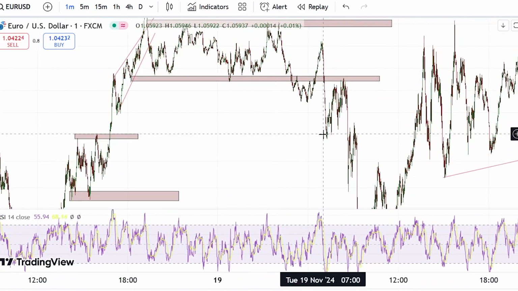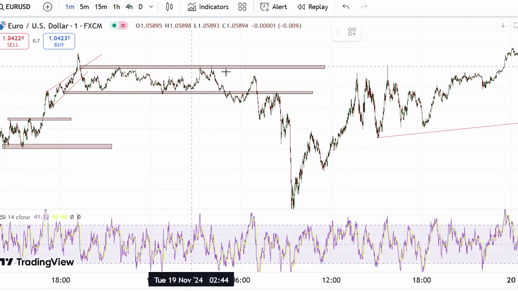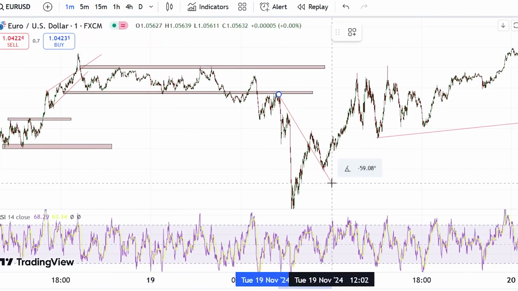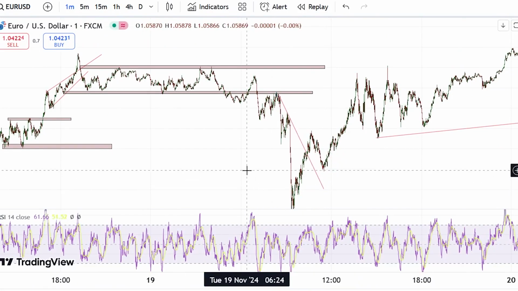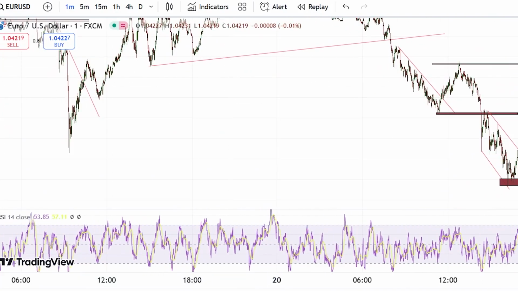And we see when it's broken by a spike, again a channel, and a trading range.